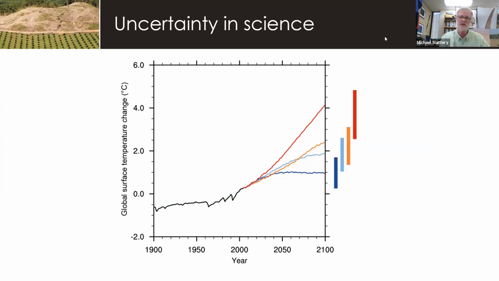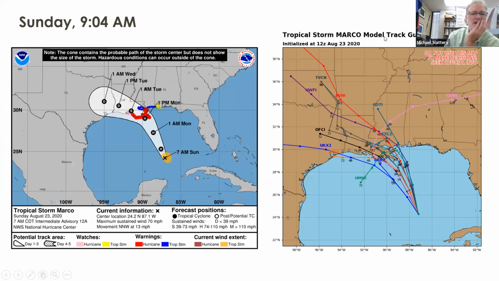Let me show you a couple of examples that happened pretty recently. This is August of last year. On Sunday, August the 23rd, we had this storm sitting out here. Again, let me just put the annotate on. It's a bit unwieldy to use this. So we have the storm out here.